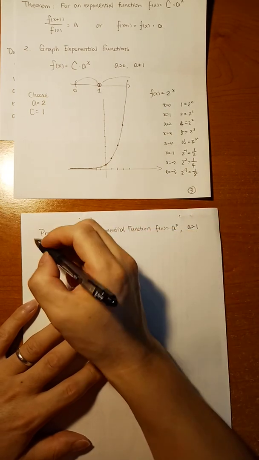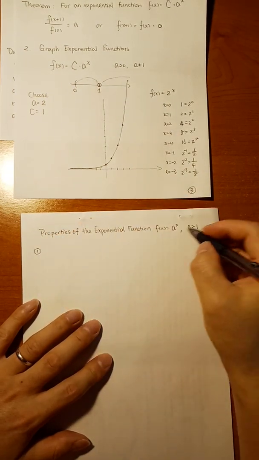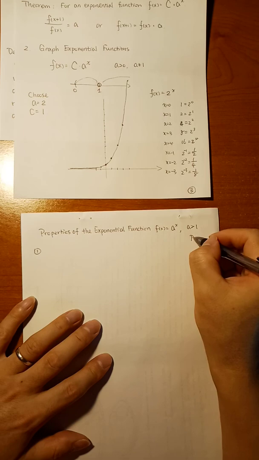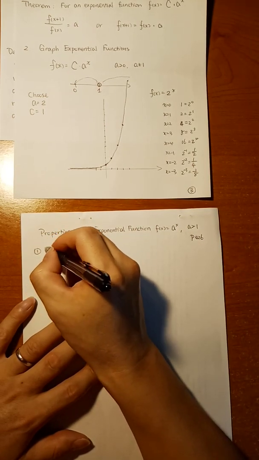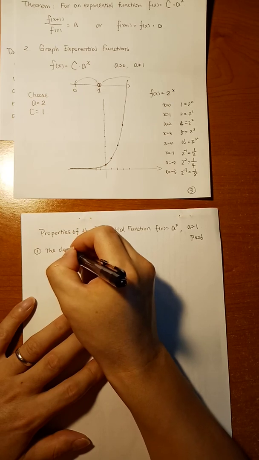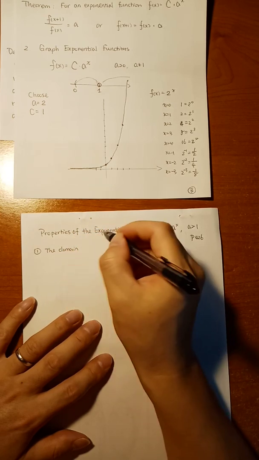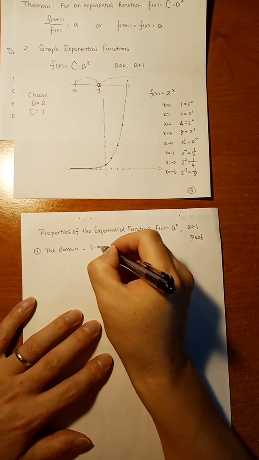Okay, so first, this list is on page 426. First, the domain is negative infinity to positive infinity.